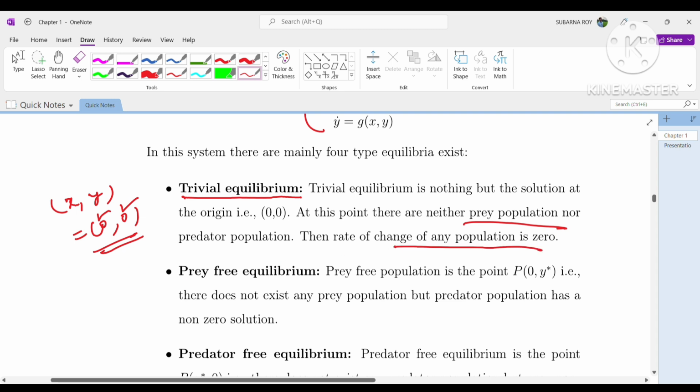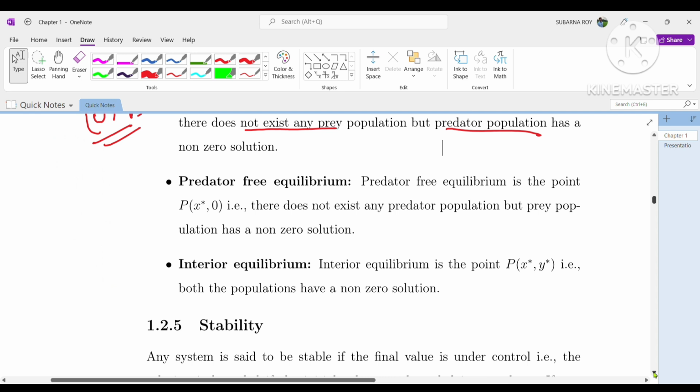Next is the prey free equilibrium point, when the first component, that is prey x, equals 0 but y is not equal to 0. This is called the prey free equilibrium point. There does not exist any prey population but the predator population has a non-zero solution. And the predator free equilibrium point is when there is non-zero x but y equals 0. Here the predator is 0, so this equilibrium is called the predator free equilibrium point.